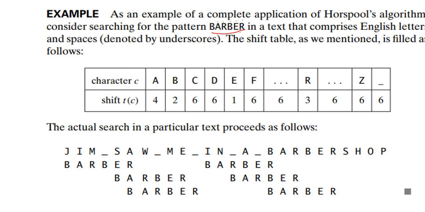And next B. When you take B, how many positions? We have to check. The first occurrence of B is at the 1 and second position. C is not there in my pattern string, so it is 6. D is also not there. E is there, in the next position of R, so it is only one position away.